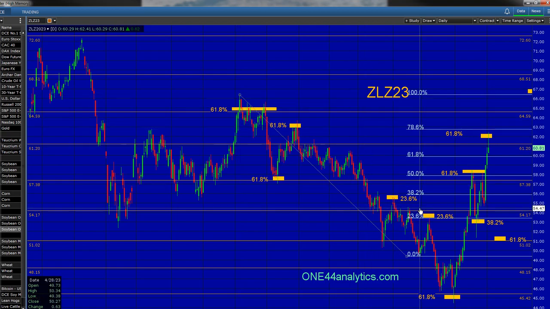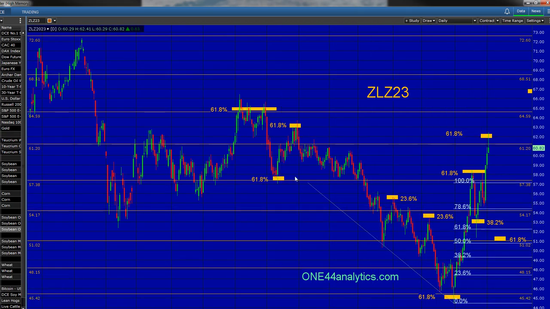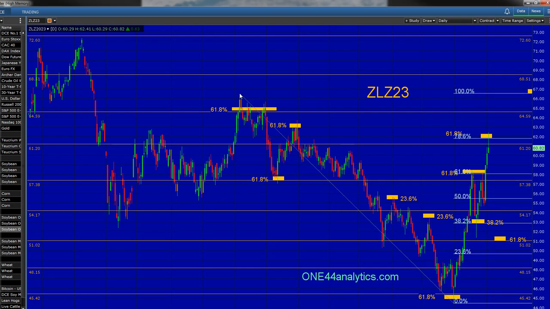And in this case, that's where the sharpest move down came to, right into 61.8. Now, 61.8 of the longer term was our target on the upside, going all the way back here. That's what we just hit. But again, watching these two highs that we have, 61.8 of this leg down was right here.